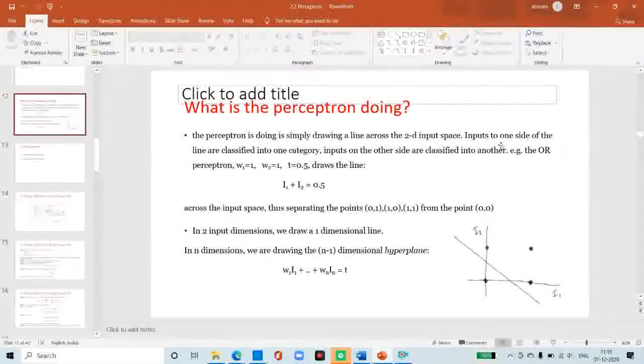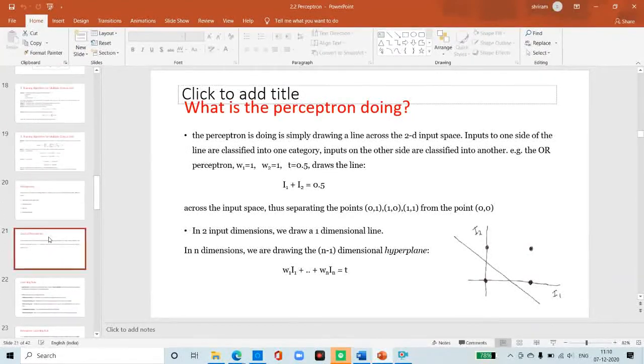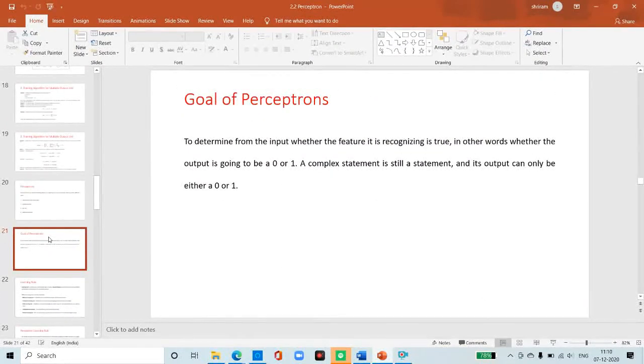Like this, draw a straight line. This linear decision boundary enables you to distinguish between the two linearly separable classes, that is either plus one or minus one, or we can say one or zero.